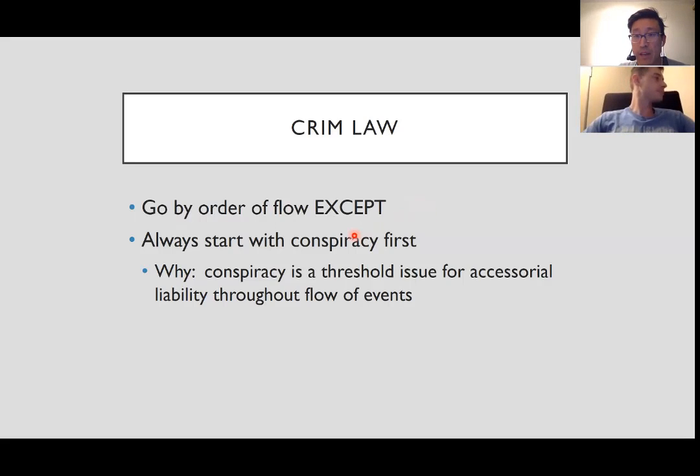One of the few organizational principles is that you want to start with conspiracy first. Many high transaction CRIM hypos tend to have conspiracy. The reason that you want to start with conspiracy is that it's a threshold issue for accessorial liability throughout the flow of events.